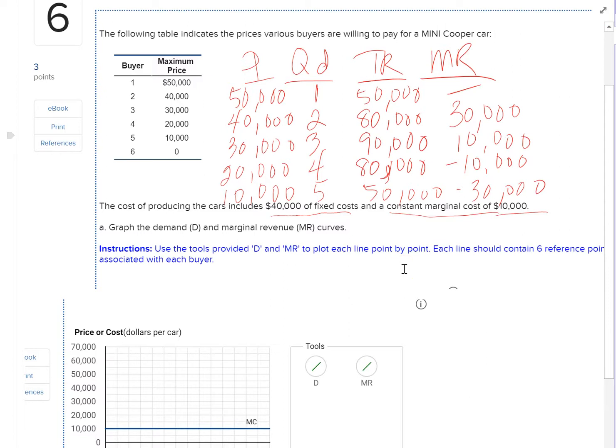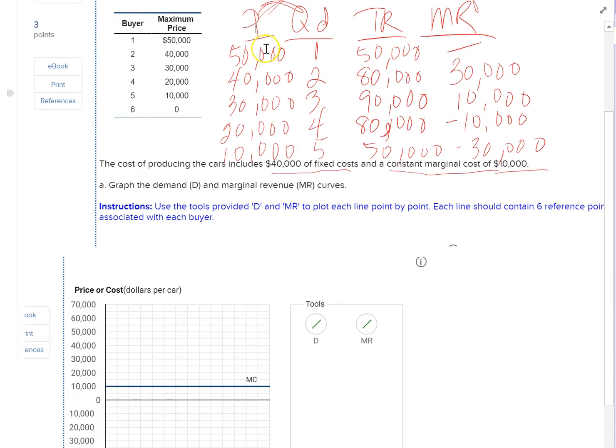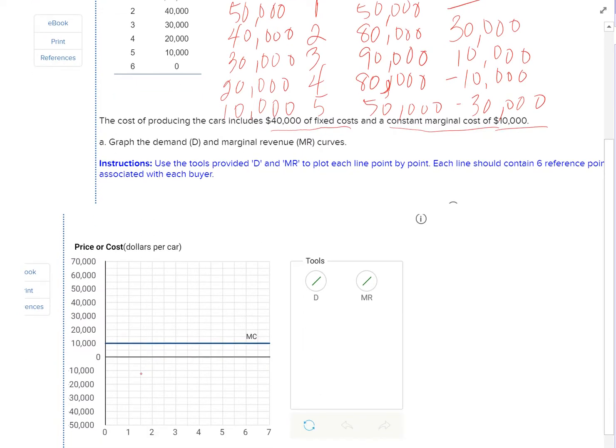So then we're asked to go ahead and graph the demand curve, which is going to be right here. Here's our demand curve, and our marginal revenue curve, which is going to be right here. These two pieces of information. So if we put in our demand information, one is going to be purchased at 50,000. Let me put it in the right spot. 1. And then 2 are purchased at 40,000.